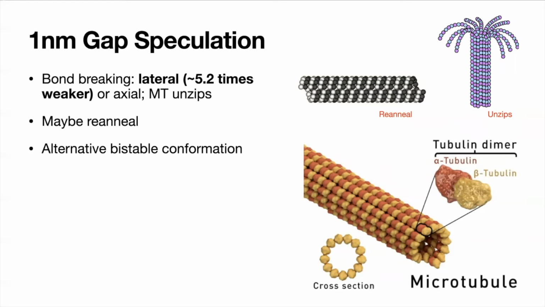Lateral bonds have a higher chance to break because they are 5.2 times weaker than the axial bonds. So more likely the microtubules will unzip, like the picture in the upper right corner. After the microtubules unzip, they may reannihilate. The protofilaments may shift along the axis for about 4 or 5 units, since the tubulin dimers, those protein pairs, are identical.